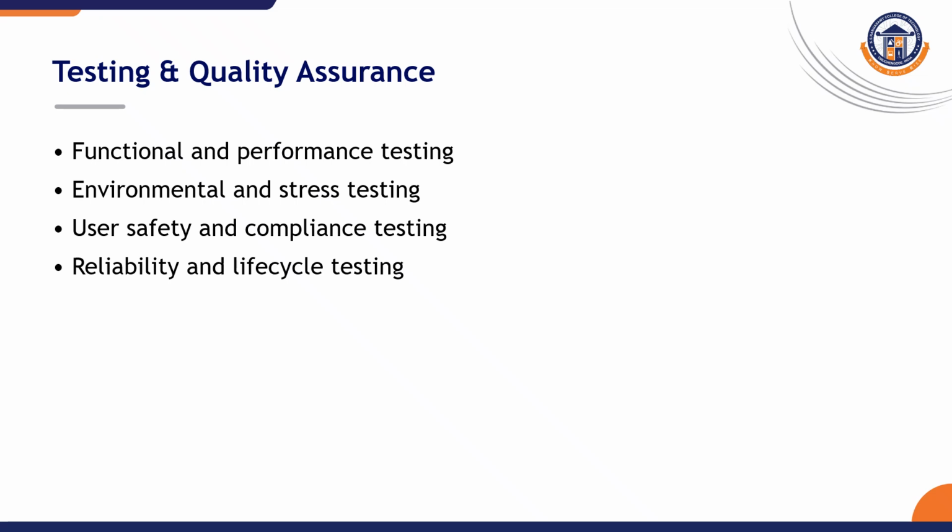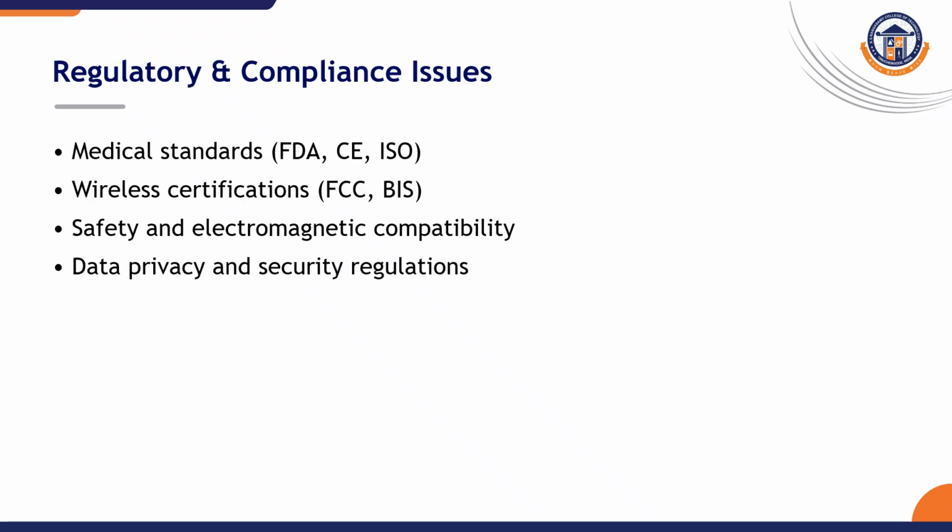Next, reliability and life cycle testing are also part of testing and quality assurance. And the regulatory standards to monitor are the medical standards and wireless certifications like FDA and FCC, and the electromagnetic compatibility of the device must be considered.